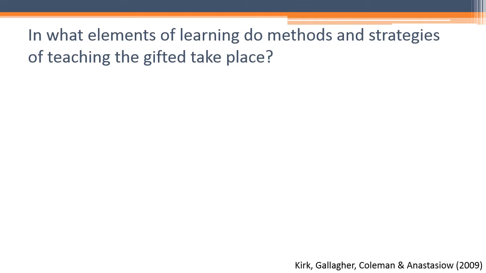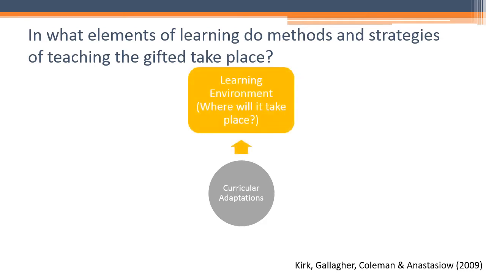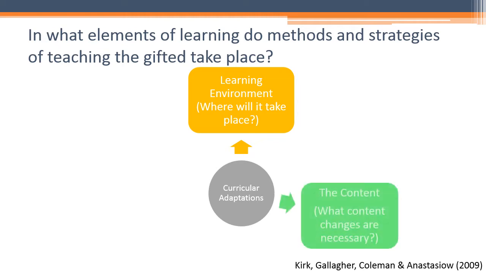Now, in what elements of learning do methods and strategies of teaching the gifted take place? Remember, we have these curricular elements which we can adjust so that we can accommodate children with gifts and talents. Curricular adaptations can occur in the learning environment. Where does the learning take place? Do we need to change it so that we can accommodate learners with gifts and talents? Next, the content.